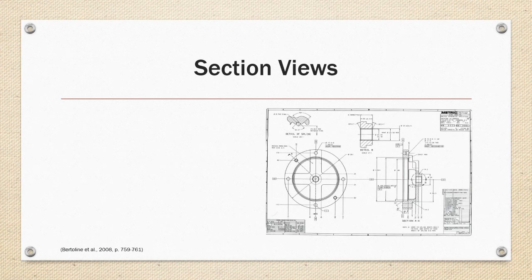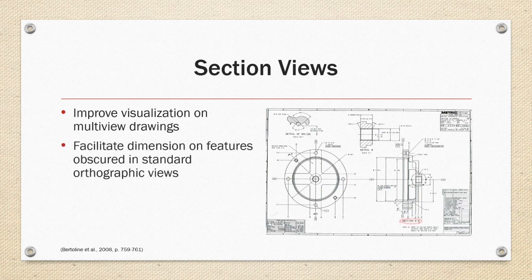Section views. Section views are an important drawing convention to clarify details on a drawing by improving visualization on multiple drawings and facilitating dimensioning on features obscured in standard orthographic views, like the section view labeled AA in the example on the right.